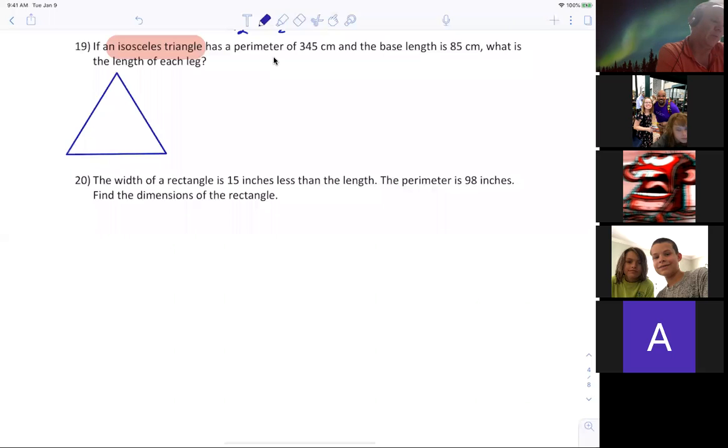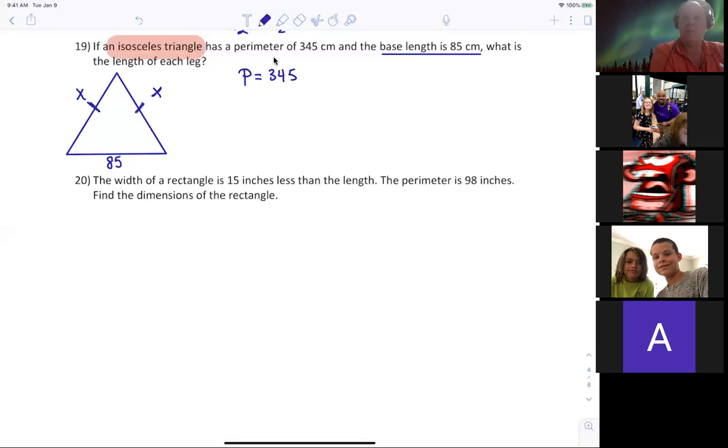I'm going to put the perimeter is 345. Now, the base length is 85, which means this is 85. And the 2 legs are the 2 sides that are equal. Those are unknown, so this is an X and this is an X.